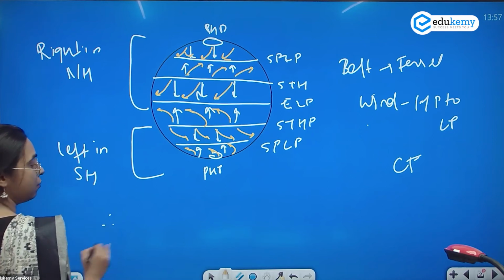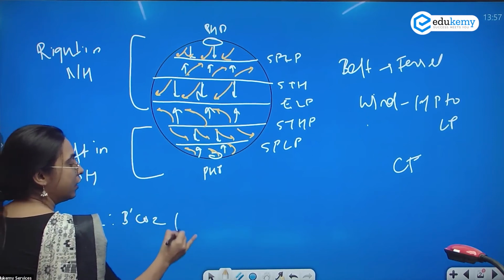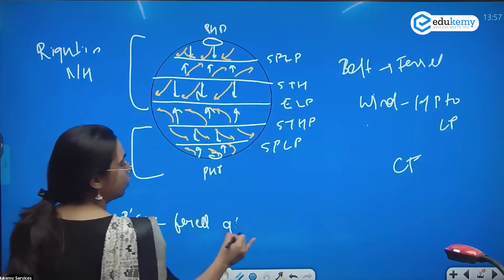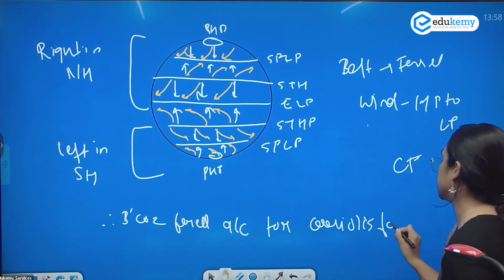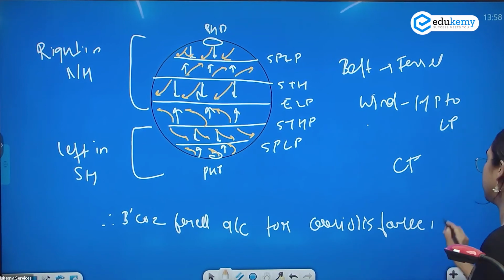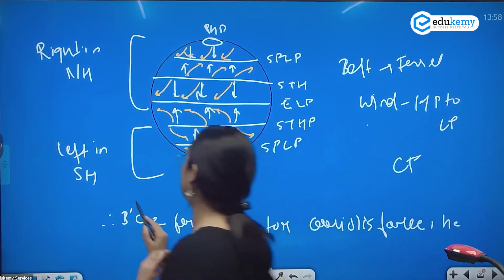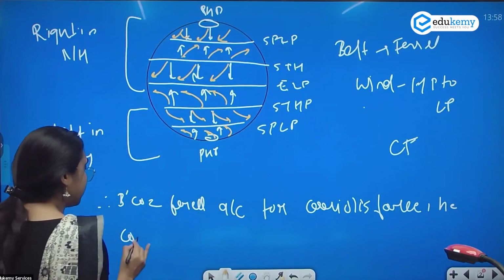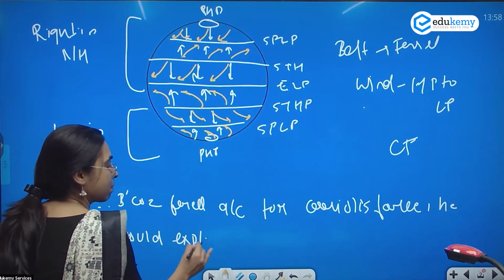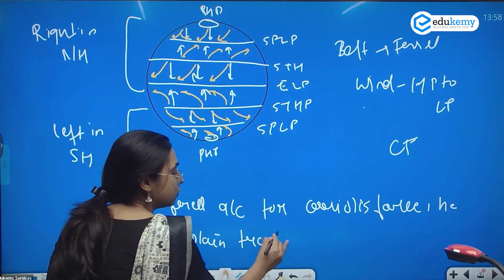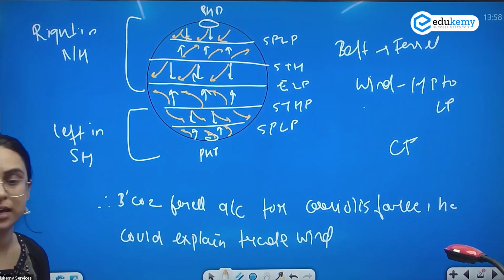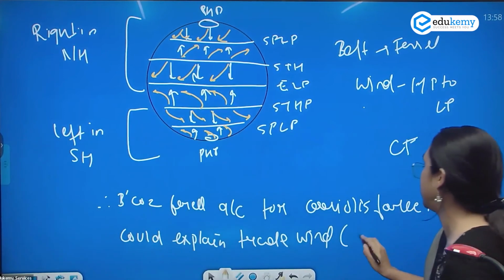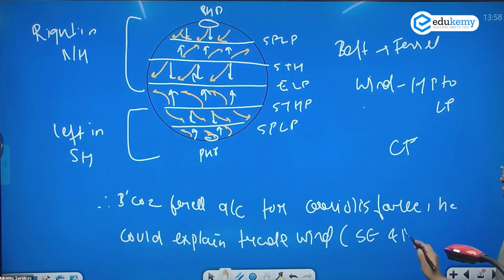So therefore, because Ferrell accounted for Coriolis force, he could explain the trade winds. Okay, trade winds are what? Northeasterlies and southeasterlies. So he could explain the northeast and southeast trade winds.